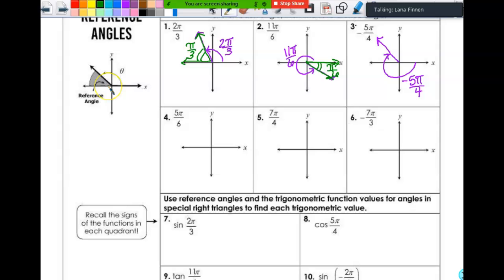So my reference angle is what? Pi fourths, exactly. And it is pi fourths. Okay, I'm going to give you a few minutes, and I want you to do 4, 5, and 6.